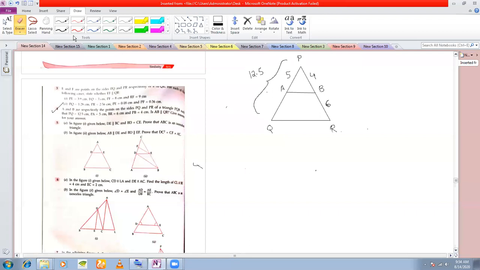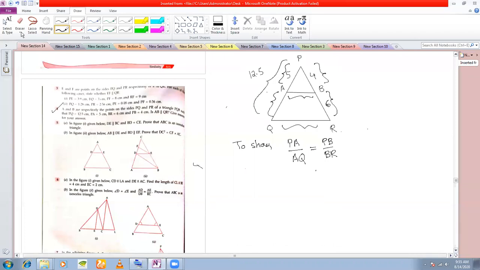If I can show that PA by AQ, this ratio, is equal to PB by BR, if I can show that this length by this length is equal to this length by this length, then by the converse of BPT, I can say that this line and this line are parallel. Am I right or wrong? Let's show.